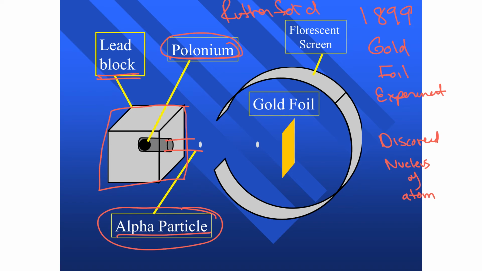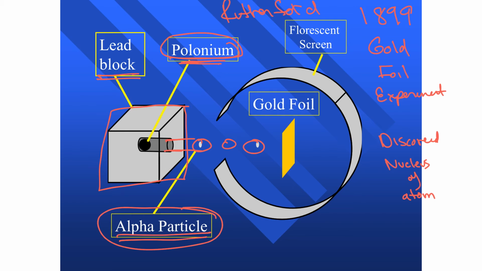And these were called alpha particles. So this was a type of radioactivity that was coming from the polonium, and Rutherford was experimenting with it. He wanted to kind of see if he could learn anything more about the atom by doing this experiment. So what he did was he shot these little alpha particles out of his little polonium gun, so to speak.